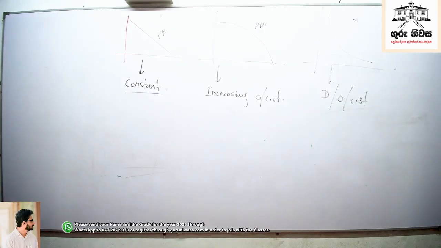Okay, kids. Right. Then what is the answer for this question, kids? Anuli and Dipna. Yes, it shows increasing opportunity cost. Yes. Give me 1 minute.